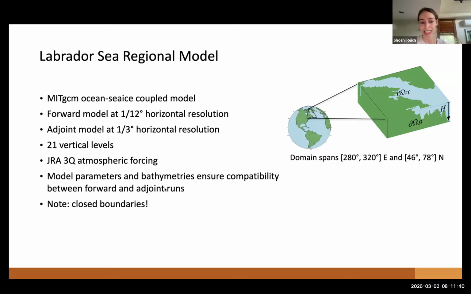So taking the last example, if our high resolution model was warmer than our observations, but the low res was colder, we would get the wrong sign on the gradients and it just wouldn't be useful. So a lot goes into getting the model parameters and the bathymetries to be compatible between the two resolutions. One thing to note, you might see in some of my plots that this is a smaller test case, so I'm using closed boundaries, and you might see the effects of that.